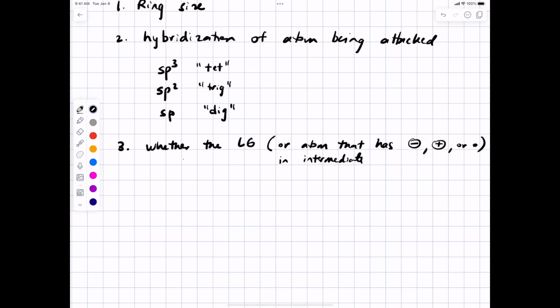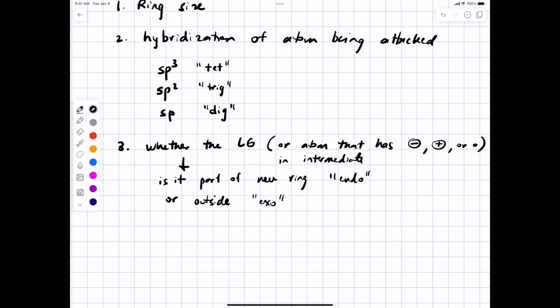The question here is: is it part of the new ring, or outside the new ring? If it's part of the new ring, we call the cyclization endo. If it's outside the new ring, we call the cyclization exo.